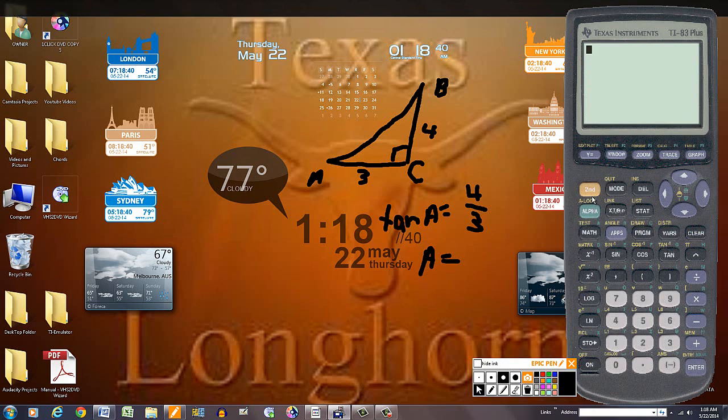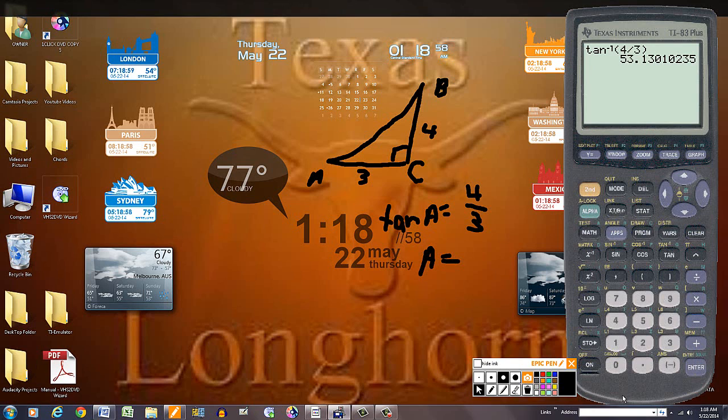Okay, so in this case then angle A would be tangent inverse. So I get the inverse and then enter 4 divided by 3. And I get 53.1.